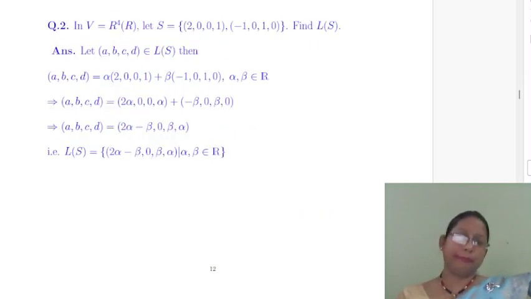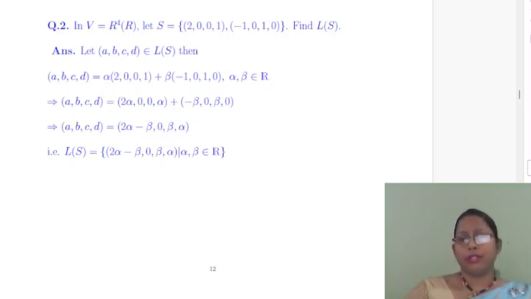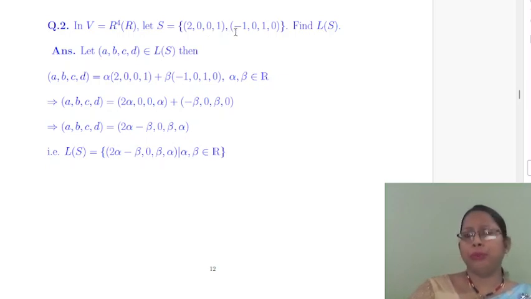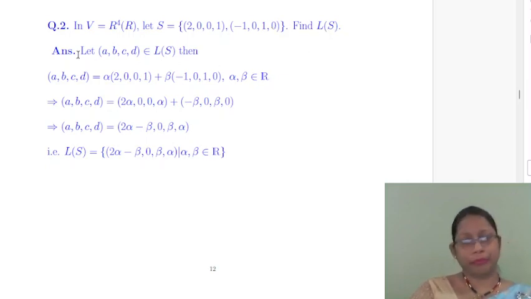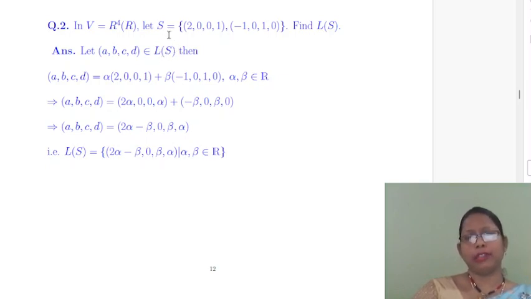Next question. If in V equal to R^4, we consider the set S to be the collection of two elements (2, 0, 0, 1) and (-1, 0, 1, 0), find the linear span of S. We consider any element (a, b, c, d) in the linear span of S, that is, the linear span of these two vectors.